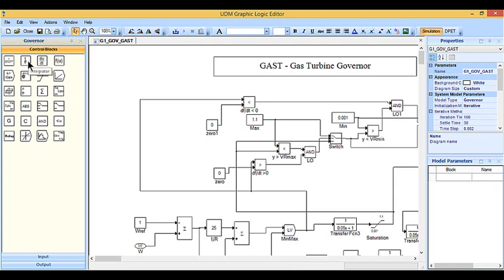Now we can add different functions, like we want to add an integrator, we want to add a derivative, so we can program our governor as well as exciter accordingly.